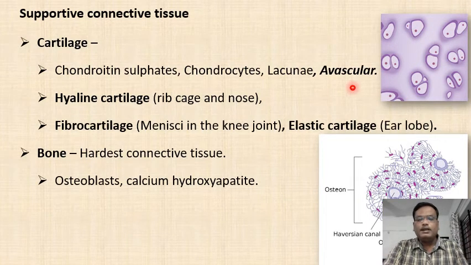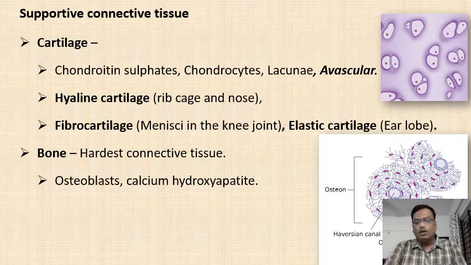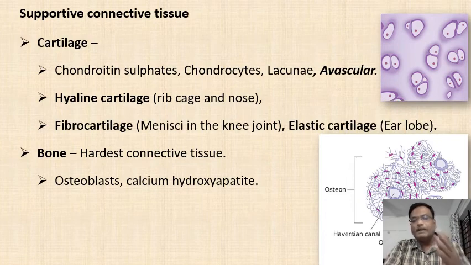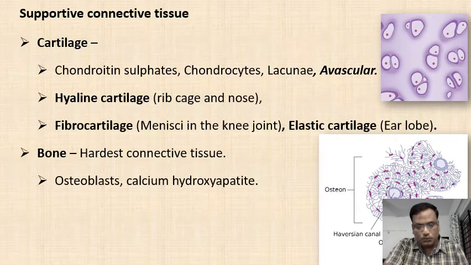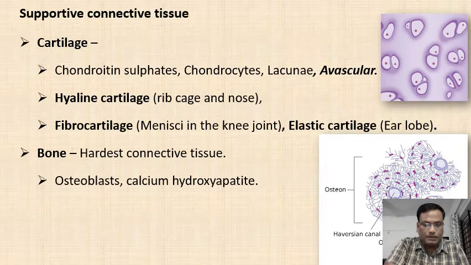Now, one of the very interesting and important characters of cartilage is that it is avascular. That means we don't find blood vessels penetrating through this cartilage tissue. Now, all the nutrients, gases, etc., are transported through the blood.